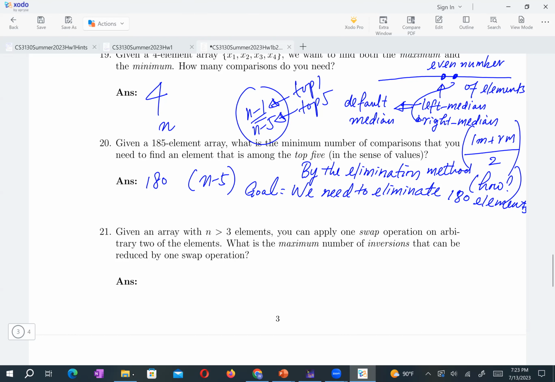Here we do another step forward in translation: find an element that is greater than 180 elements.